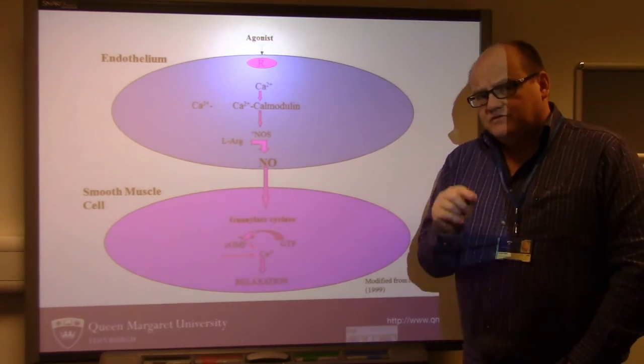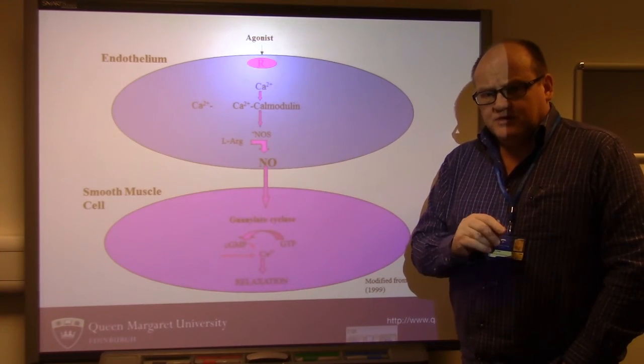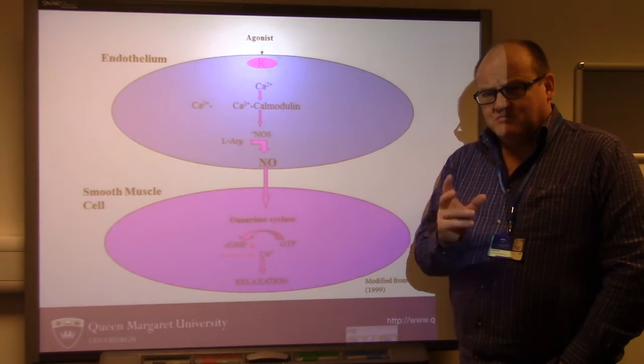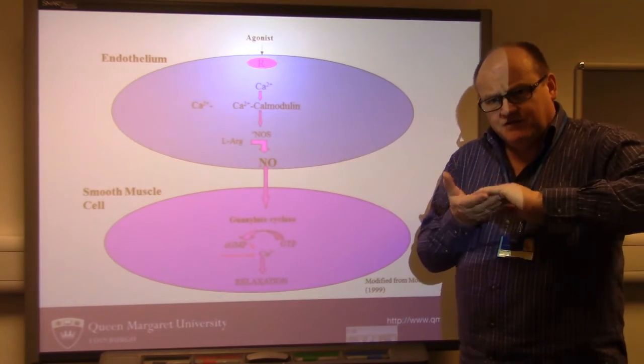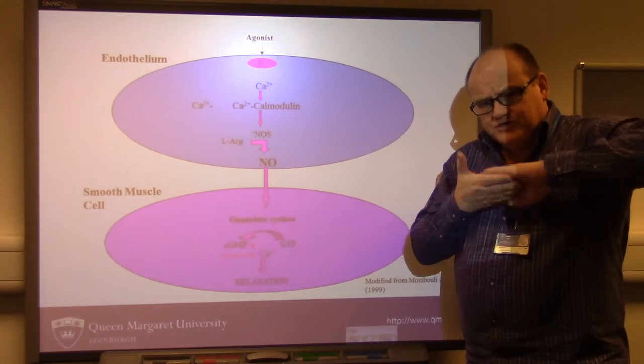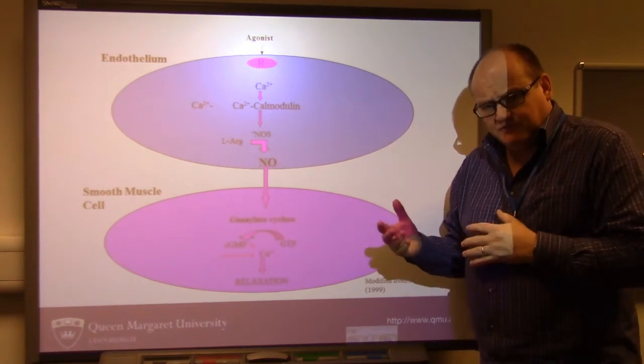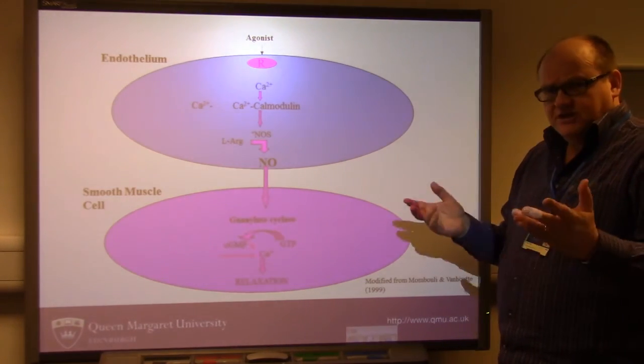If calcium levels fall in the smooth muscle, that means you're no longer getting the interaction of actin and myosin, and if actin and myosin don't come together, you don't get the sliding filament happening. Therefore instead of the muscle contracting, the muscle relaxes, therefore you get arteriolar dilatation in the blood vessels.